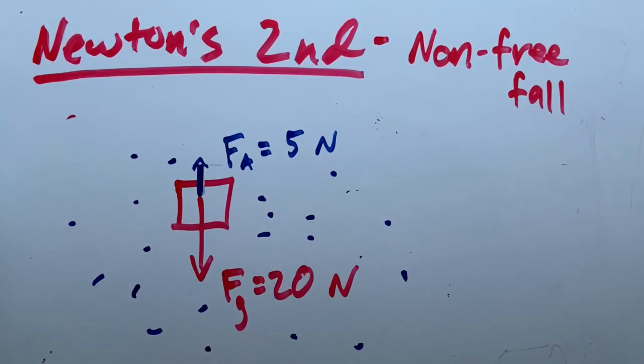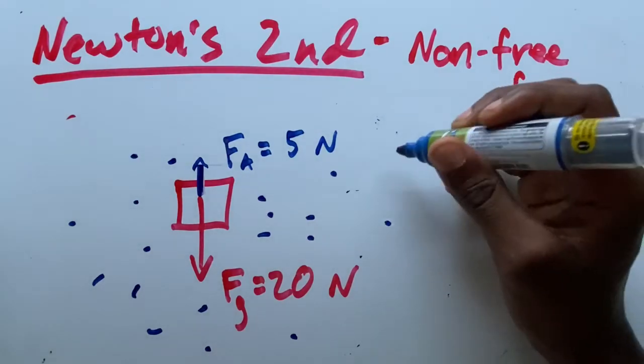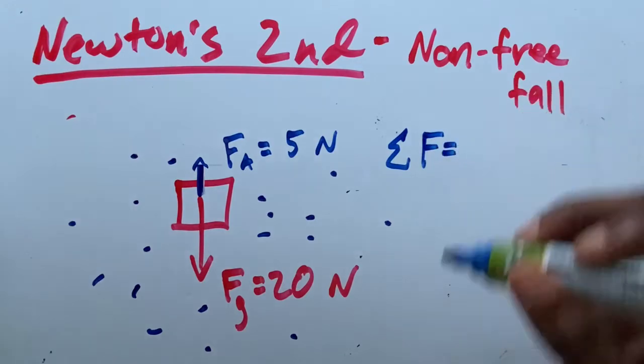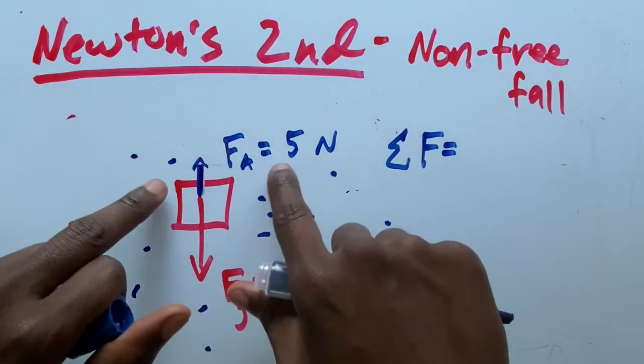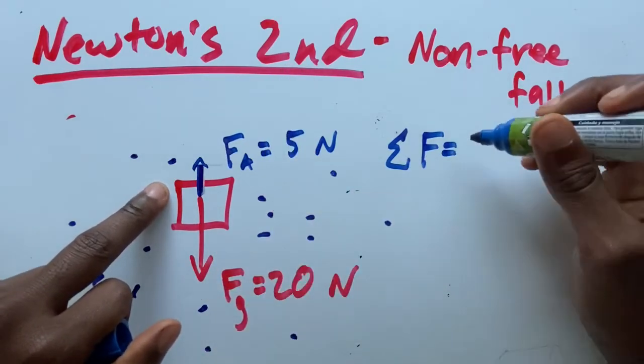So the question is, how fast is this block accelerating downwards, right? Well, if we do the sum of the forces on this block, that's going to be the force of the air resistance, which is 5 upwards.